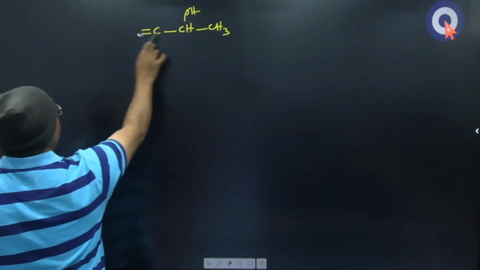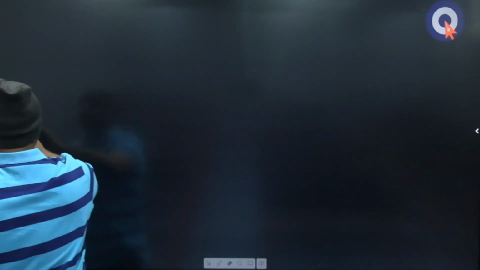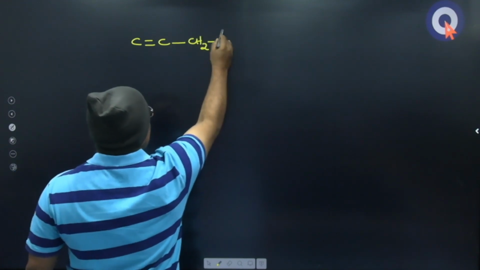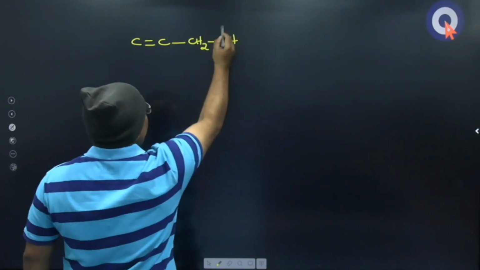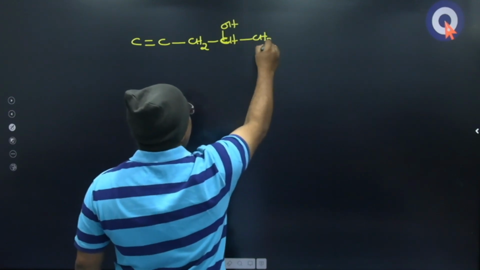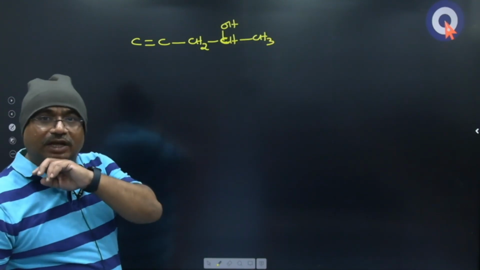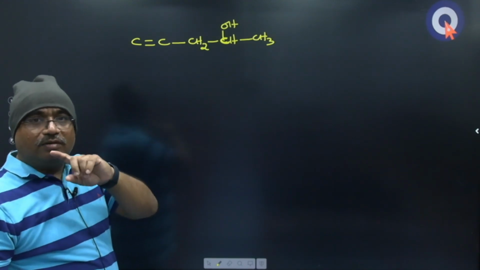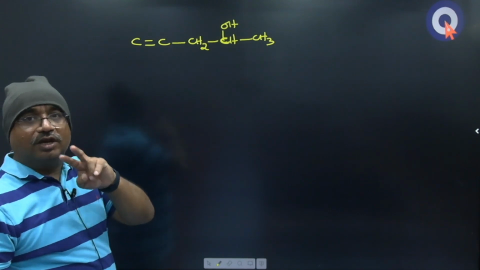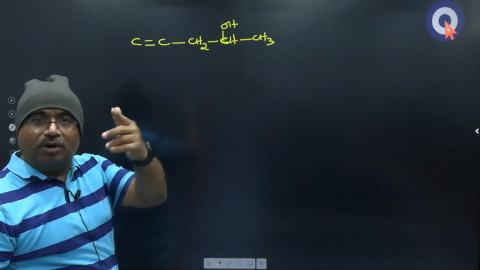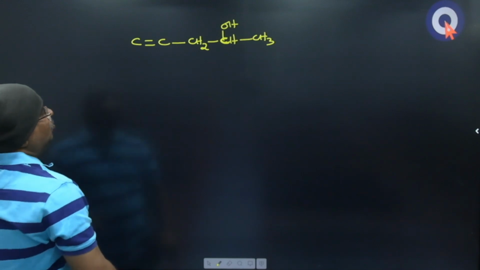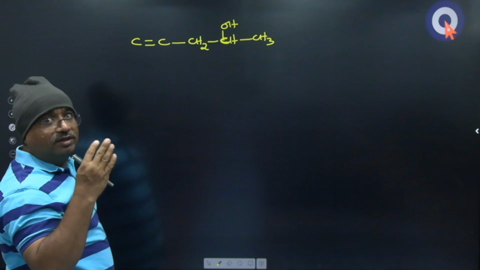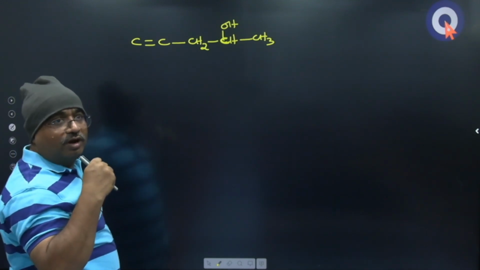So what is that possible case? If you take C double bond C, CH2, CHOH, because there is one more thing: on heating, S and T are the compounds we get on oxidation, and both can give the iodoform test. That means there must be a C double bond O CH3 finally. Since oxidative ozonolysis is there, we get acids. So it should be a beta keto acid type. When it is heated, it will convert into normal ketones.